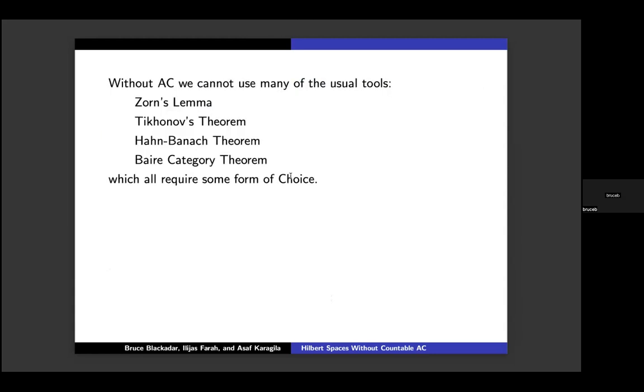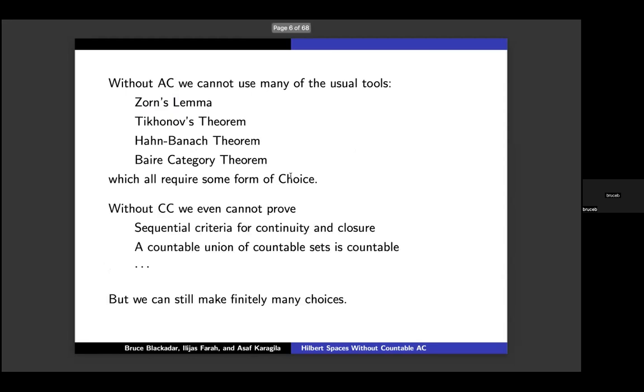If we don't have the axiom of choice, we can't use many of the usual tools that we take for granted in functional analysis. Things like Zorn's lemma, Tikhonov's theorem, the Hahn-Banach theorem, the Baire category theorem. These all require some form of choice.